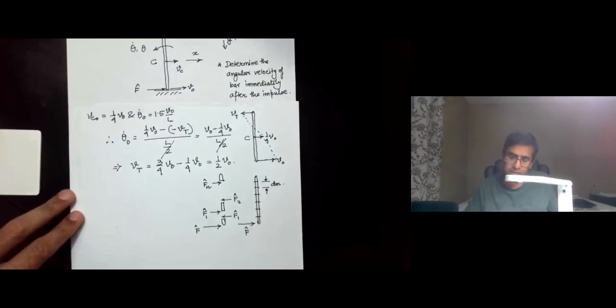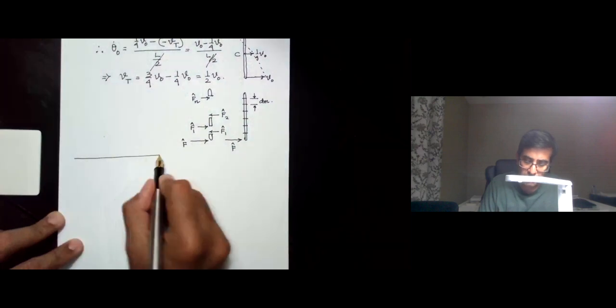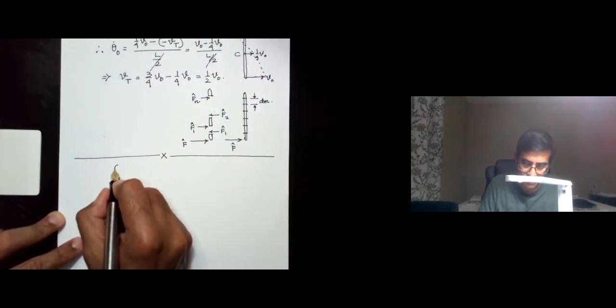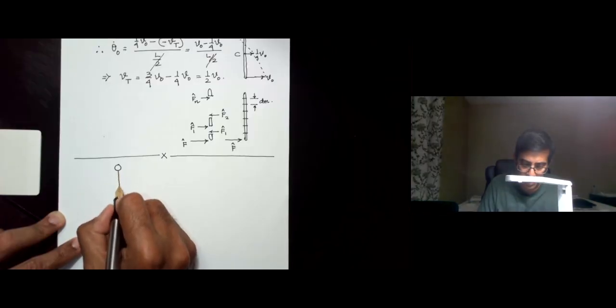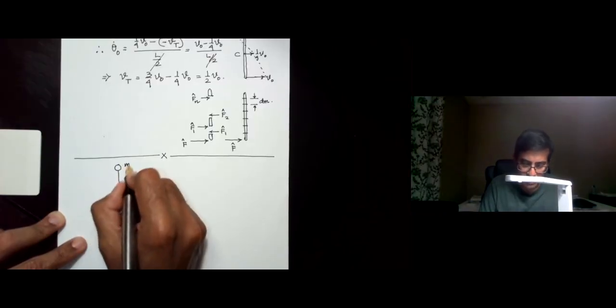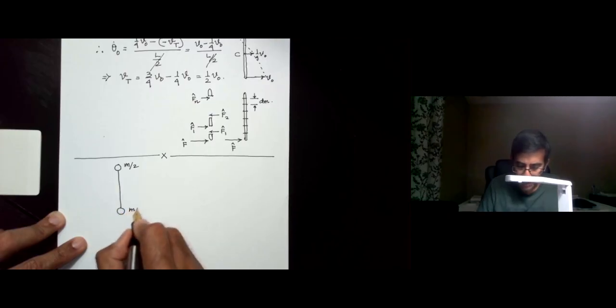Now, an alternate version of this problem is what would happen if we took a similar scenario, but instead of a distributed mass, that is a bar, we took the same mass, but it was distributed among two lumped masses.